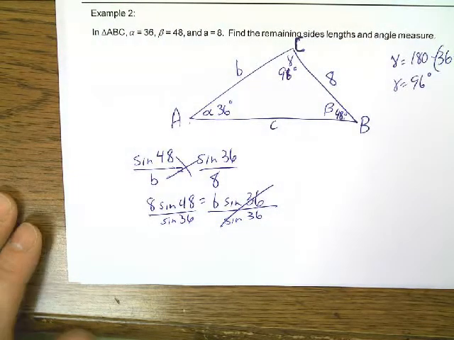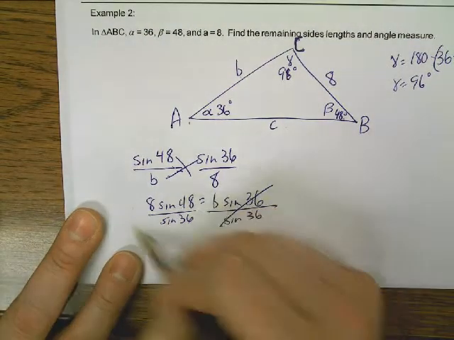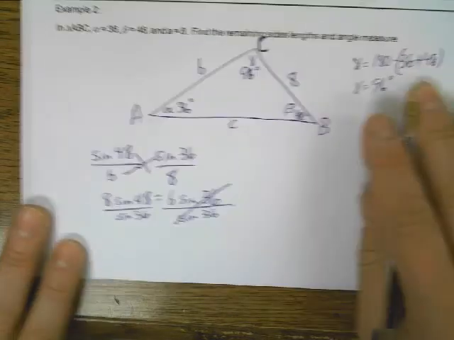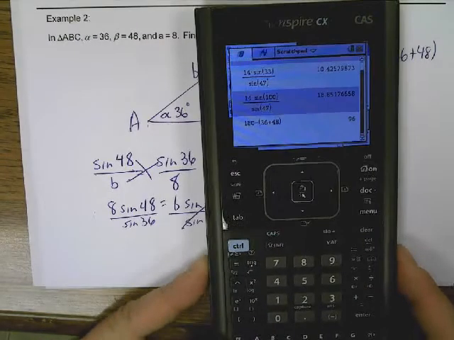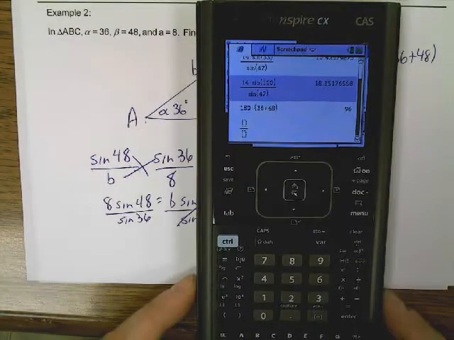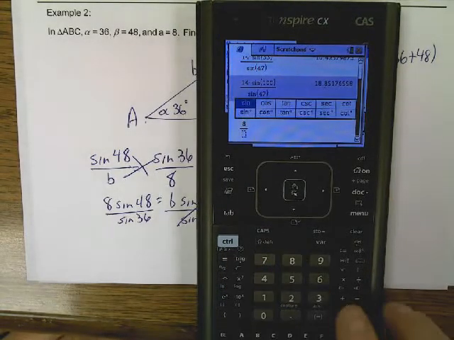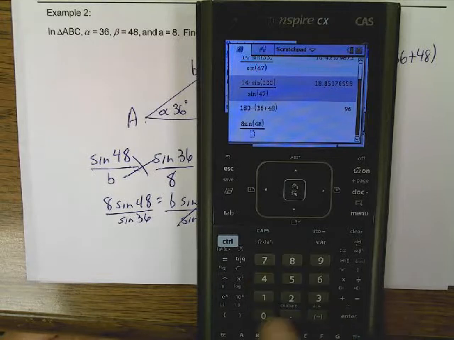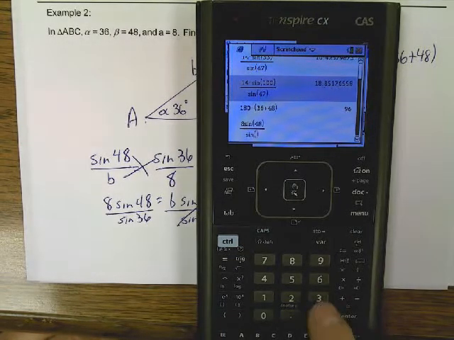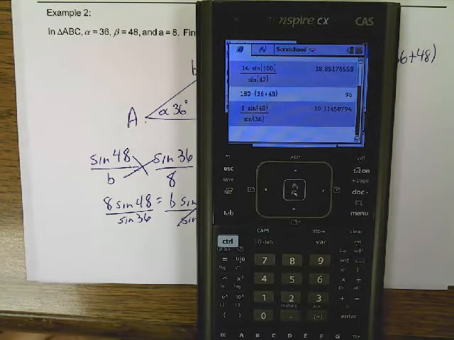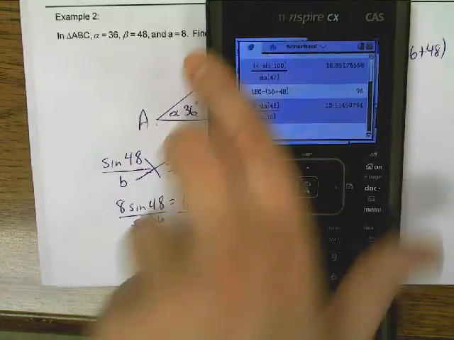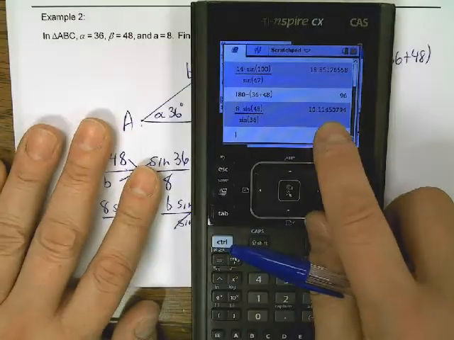And so we're left with B over here, and then all of this is going to go in the calculator to find B. Okay, so control divide 8 trig sine 48 over trig sine 36. And I get 10.115. The fourth decimal is a 5, which means 114 will round up to 115.